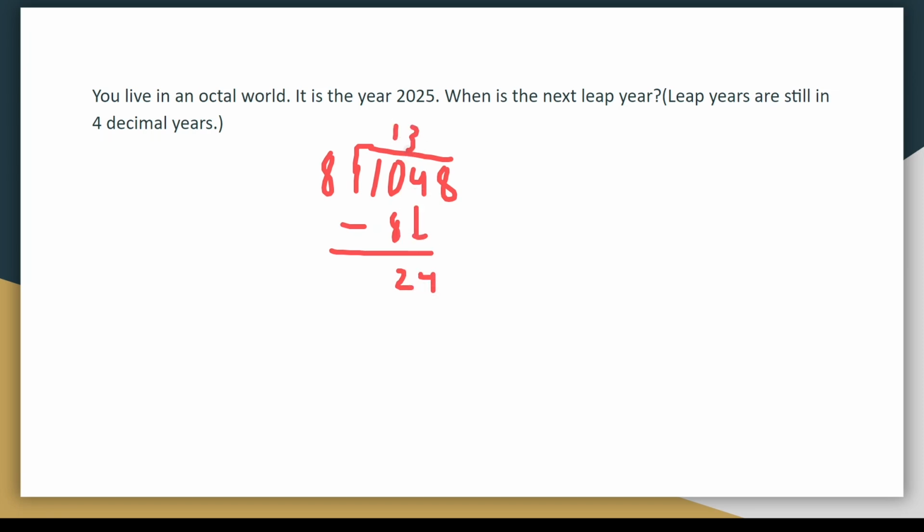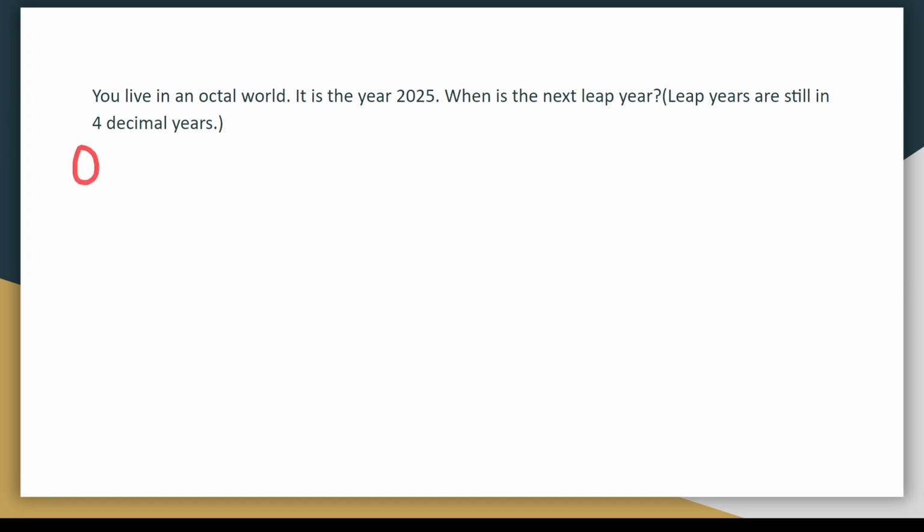And again, keep doing this until we get 0. So our quotient is 131. Our remainder is 0. So we label this as R1. So R1 is 0, so just write it here. And we got 131. So we can write 131 here.